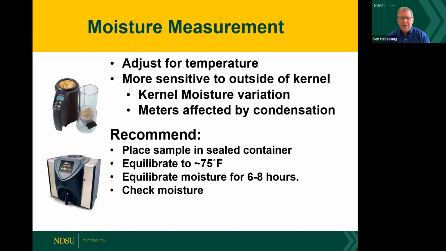But if there's any moisture variation within the kernel, any surface moisture on the kernel, those meters will be fooled by that moisture variation. So I really recommend measuring the moisture content, then putting that sample in a sealed container, giving it time to equilibrate to room temperature, maybe a period of 6 to 8 hours, and then checking the moisture content again to verify that we're getting an accurate moisture measurement.